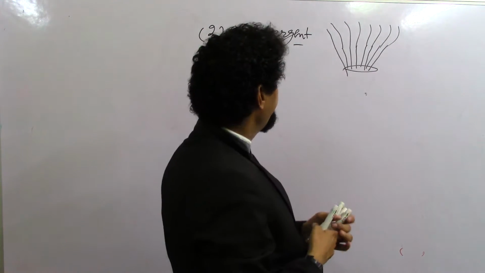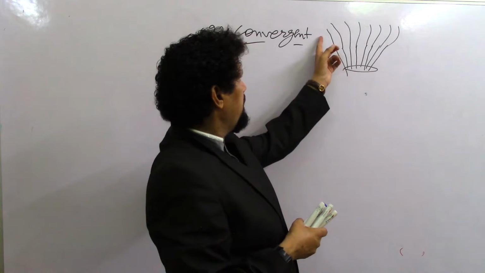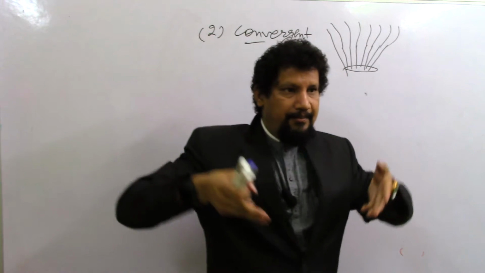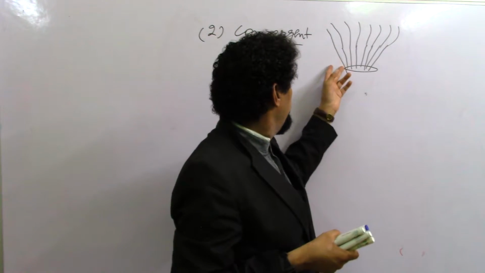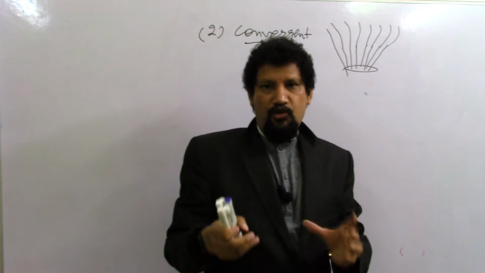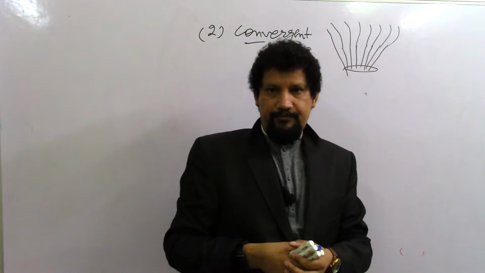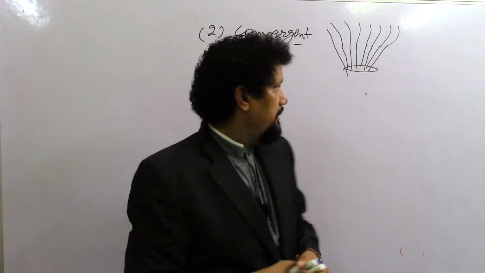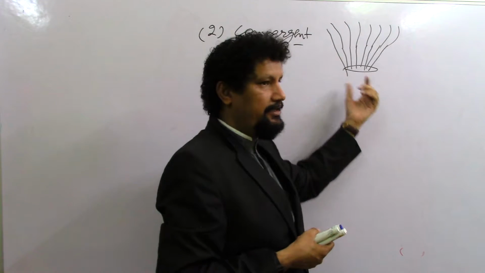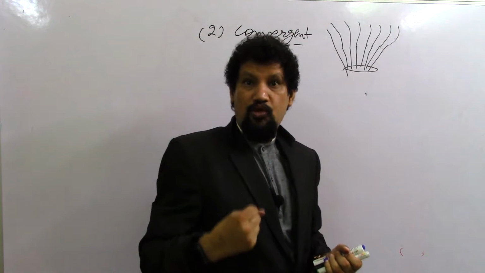Look here, the fibers are coming from a large area, but after moving are converging on a small area. This type of muscle has a reduced range of movement but is more powerful.